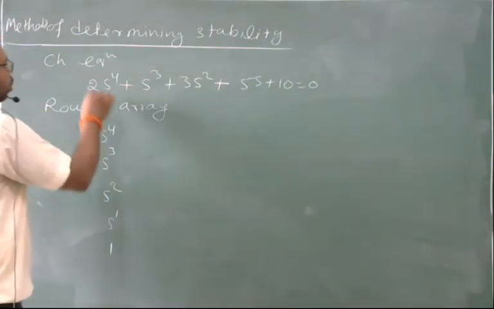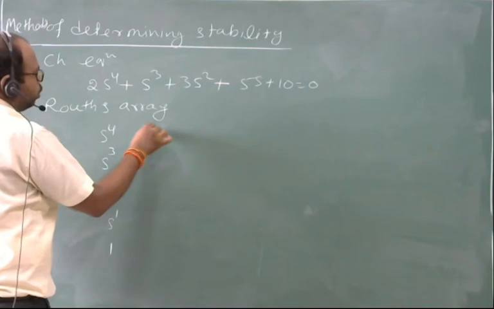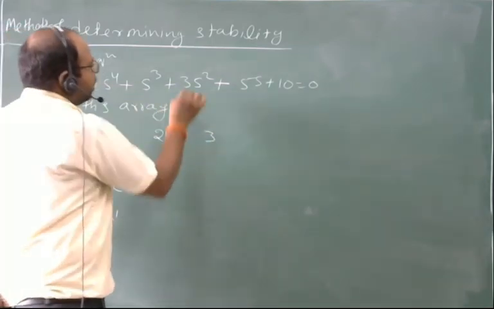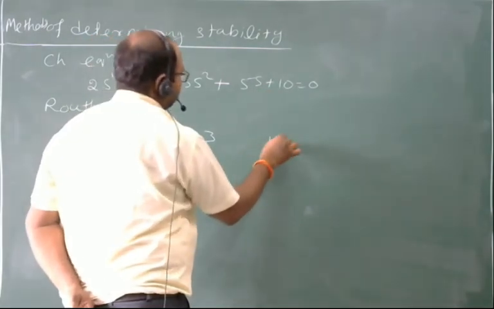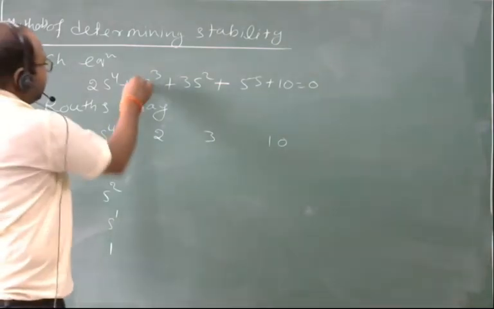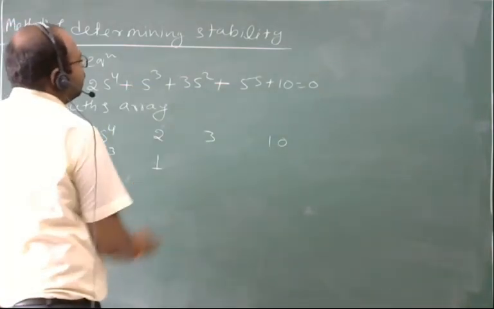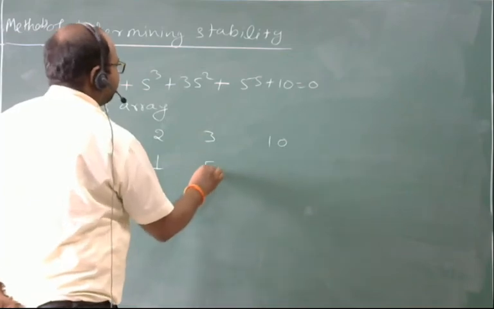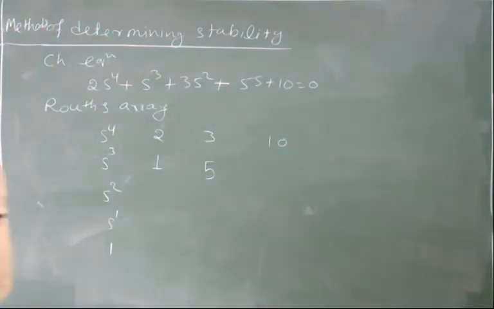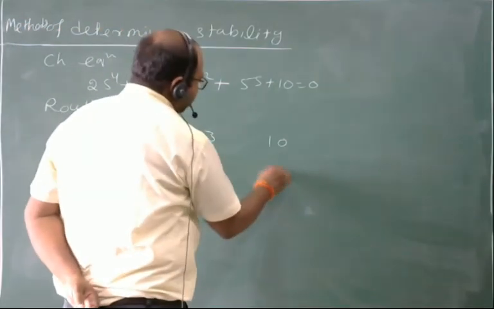First of all, the coefficient of s^4 is 2, the alternate coefficient is 3, the alternate coefficient is 10. Now, the coefficient of s^3 is 1, the alternate coefficient is 5, and there is no next coefficient, so the value here will be 0.